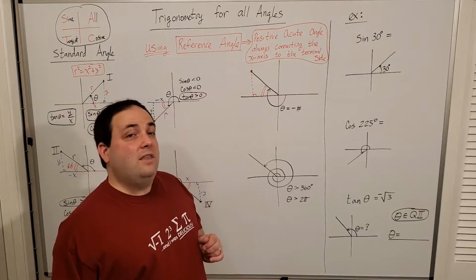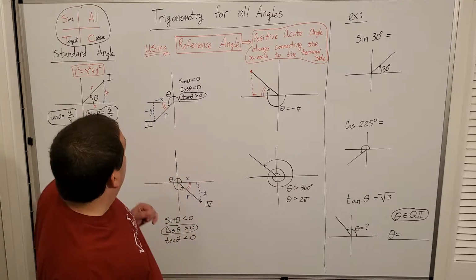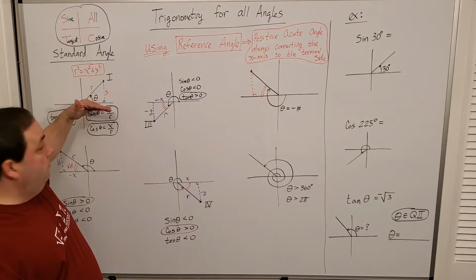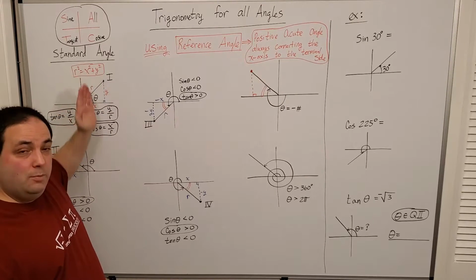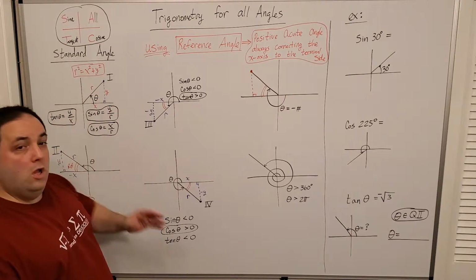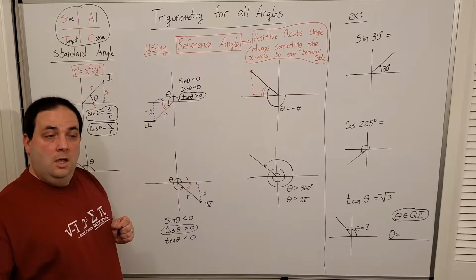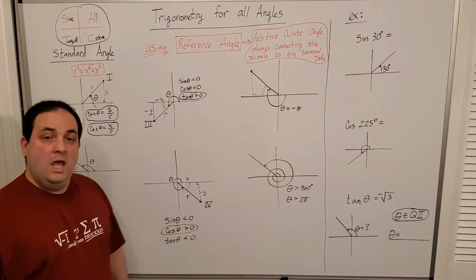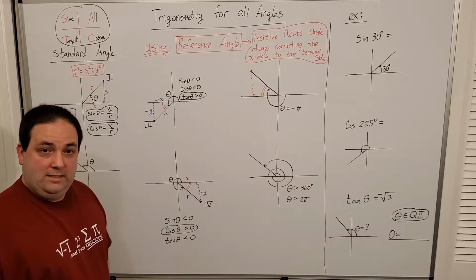And notice they will repeat. Once I've gone through quadrant 1, that's all of the possible sizes of right triangles, right? Quadrant 1 eats them all up. So once I get to quadrant 2, I'm gonna get some repeats.